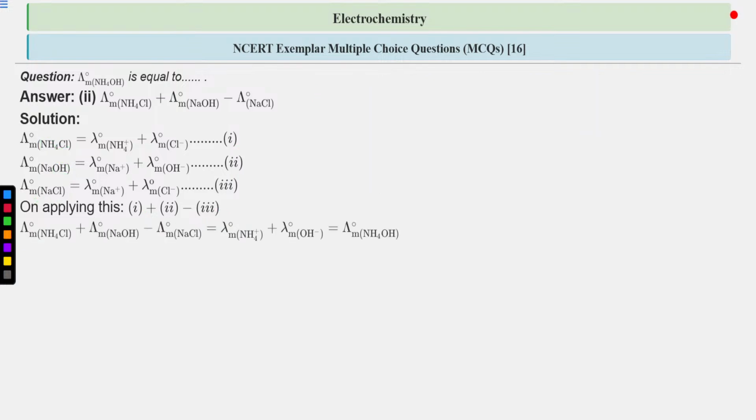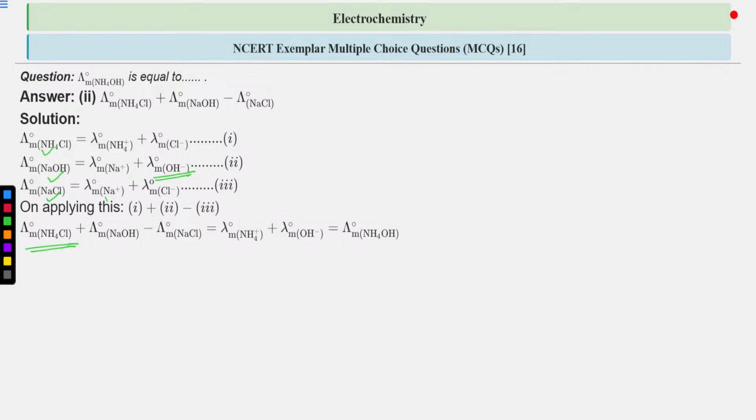When you do this, the left hand side will be lambda naught of NH4Cl plus lambda naught of NaOH minus lambda naught of NaCl, equal to lambda naught m of NH4 positive plus lambda naught m of OH negative, because the rest will cancel out.